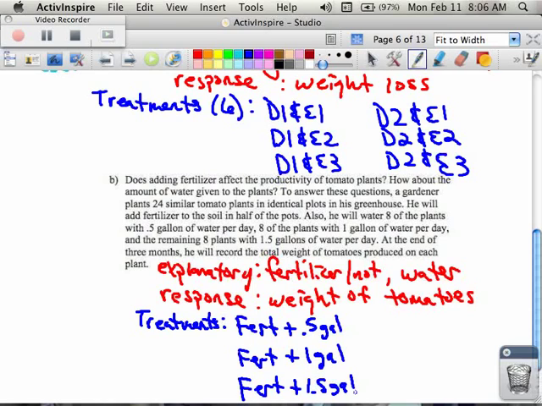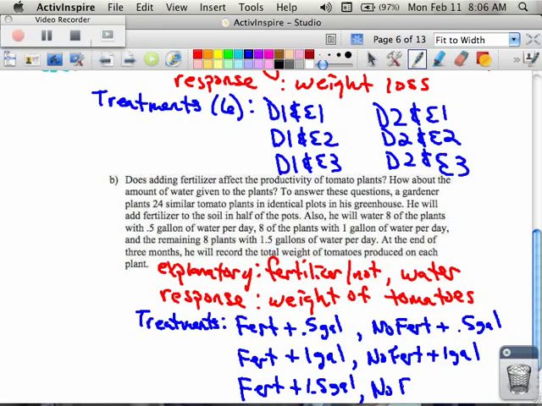We could have no fertilizer and a half gallon. We could have no fertilizer and 1 gallon. And we could have no fertilizer and 1.5 gallons.